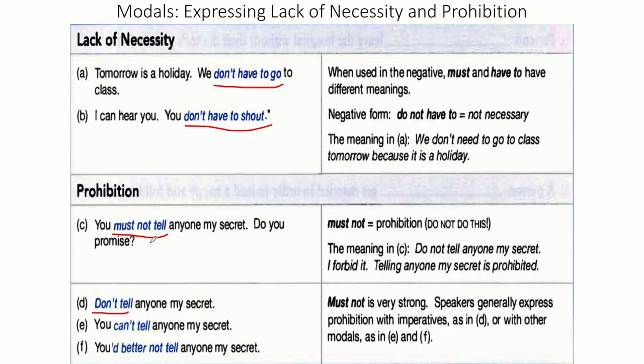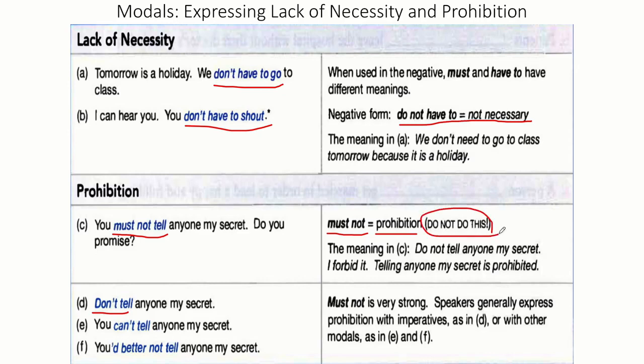The negative form for must expresses prohibition. So do not have to expresses lack of necessity, it is not necessary, but must in the negative form expresses prohibition, something that is prohibited from being done. Somebody shouldn't do this, must not do it, do not do this. This is the meaning of prohibition.